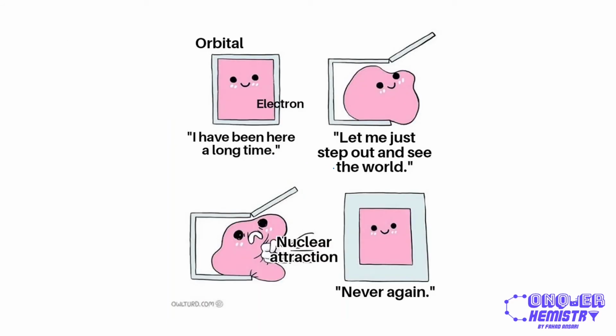If an electron wants to move out and see the world, that is, move to another principal quantum shell or another subshell, then unfortunately a force called nuclear attraction will put it back in its place, and it will need something called ionization energy in order to actually escape the pull of the nucleus, and that's a topic for another video.